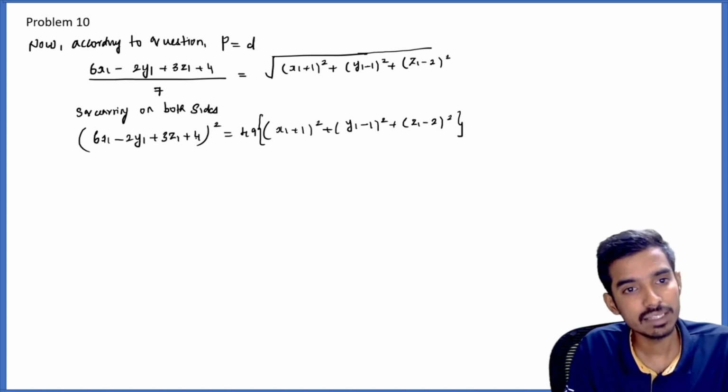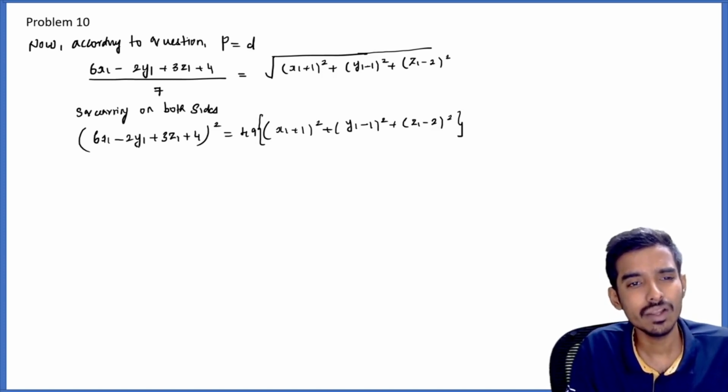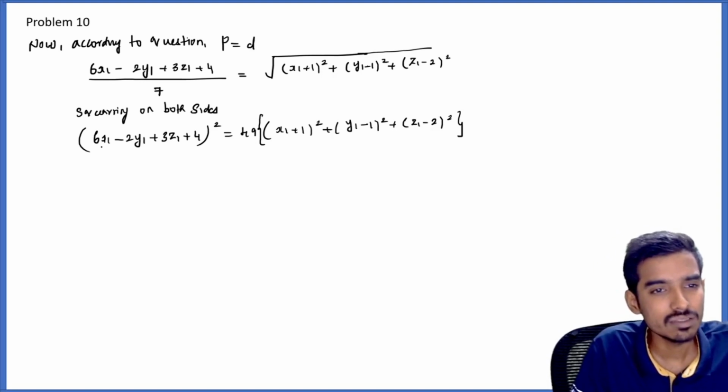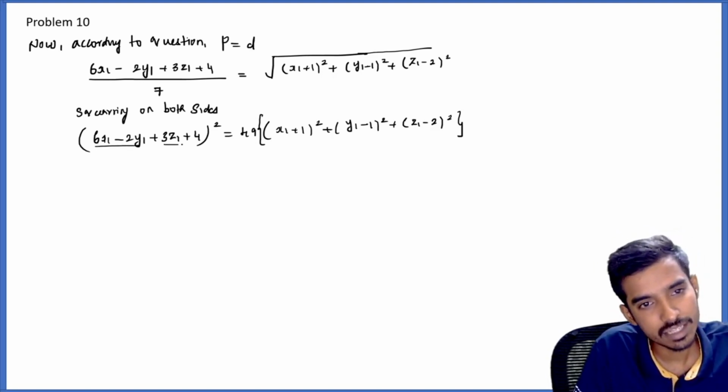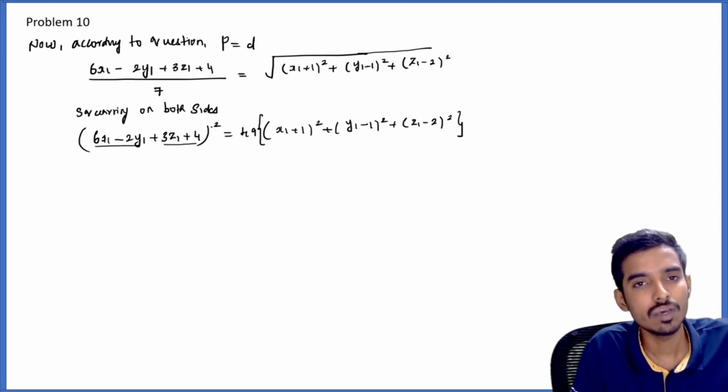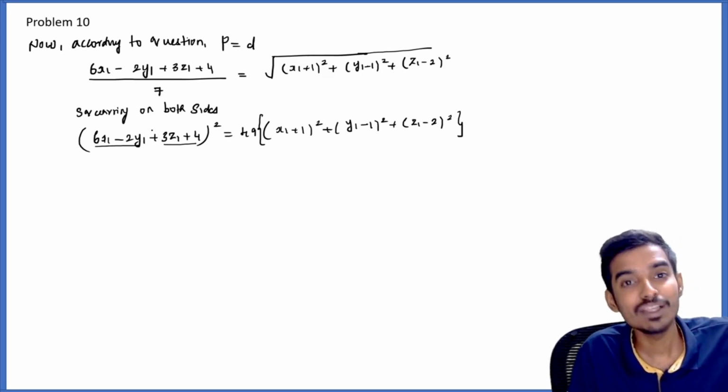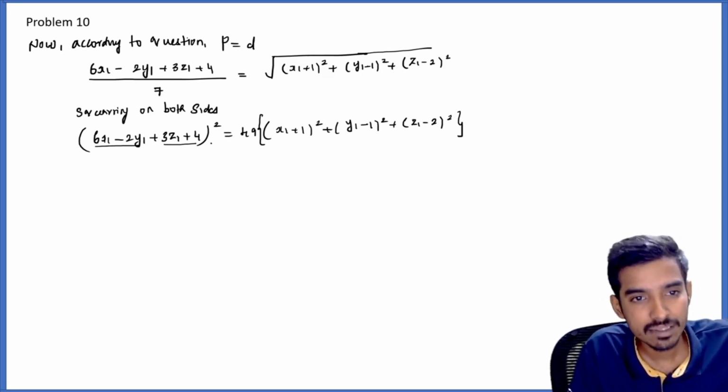So we have (a + b + c + d) whole square. What you can do is expand, right? Take this as a, take this as b. So use the (a + b) whole square formula. If you don't know (a + b + c + d) whole square, break this into two parts.